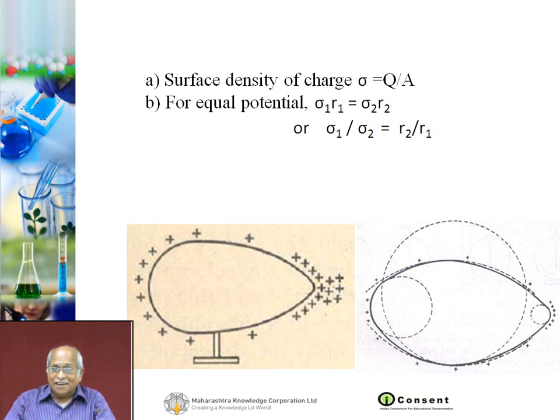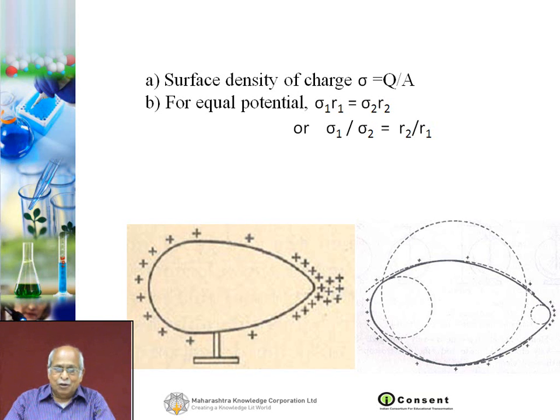So when the charges are at rest, it means potential everywhere must be same. ज्या अर्थी चार्जची मोशन नाहीये, म्हणजेच काय, पोटेन्शियल सगळीकडे सारखं असलंच पाहिजे. कारण जर पोटेन्शियल सारखं नसतं तर इलेक्ट्रॉन्स कमी पोटेन्शियल कडून जास्त पोटेन्शियल कडे भराभरा पळायला लागले असते. पण चार्ज स्थिर आहे असं आपण गृहीत धरलेलं आहे, तेव्हा कंडक्टरवर सगळीकडे पोटेन्शियल सारखं असलंच पाहिजे.